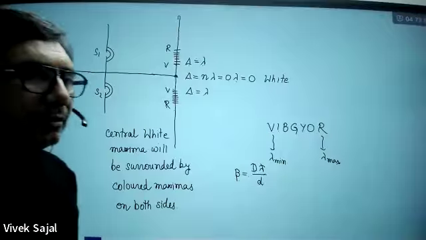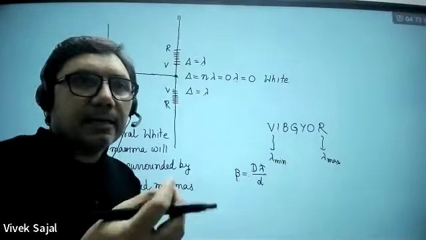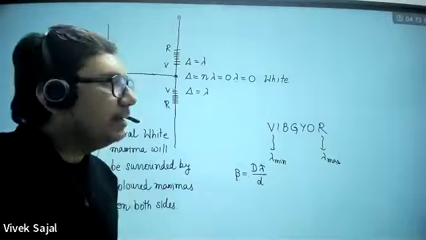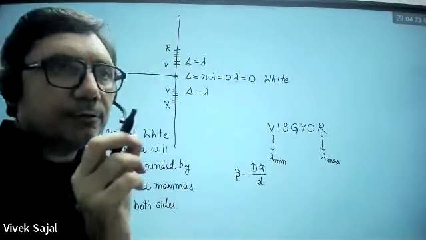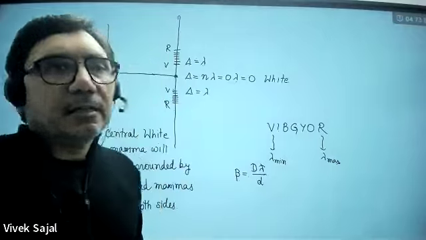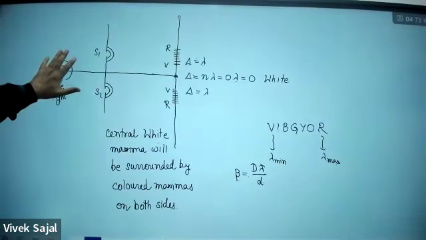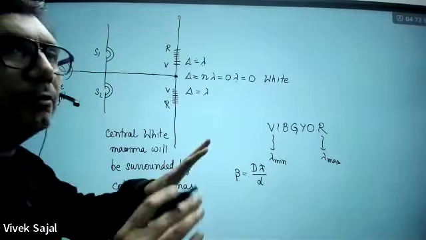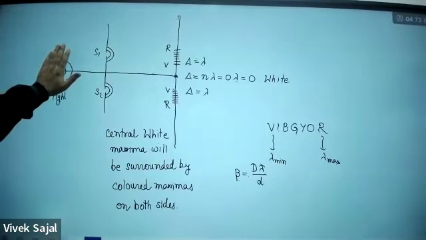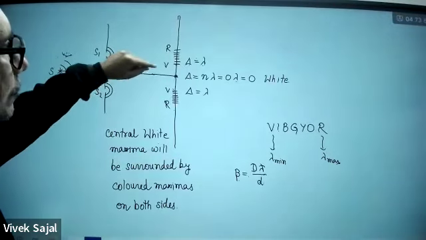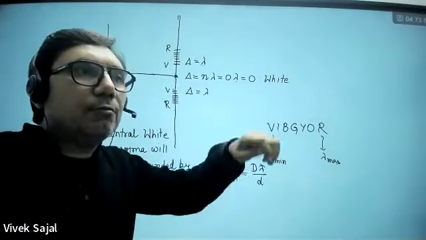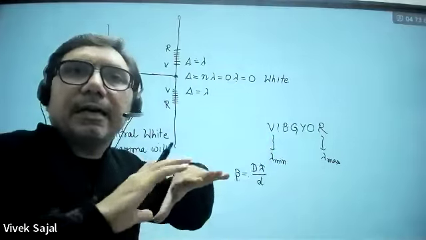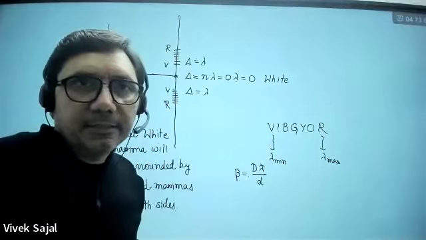So if you are doing a YDSE experiment in the laboratory and you want to find out where the center of the screen is, and suppose you are using monochromatic light, try to understand what problem you are going to face. You are aware that all the maxima, n equal to 0, 1, 2, 3, 4, are of the same intensity.